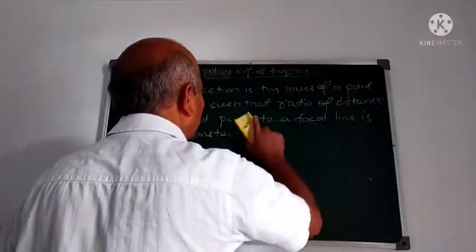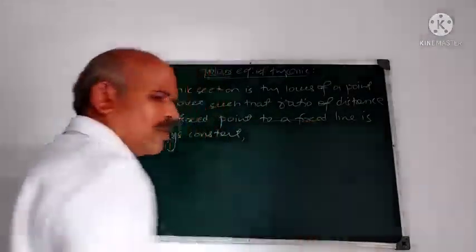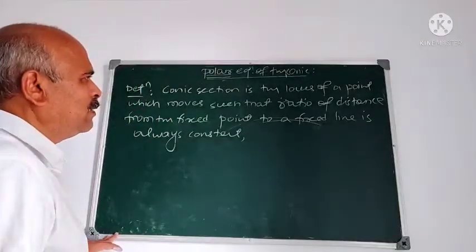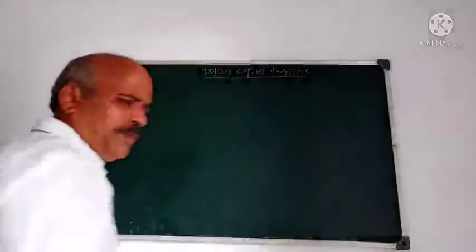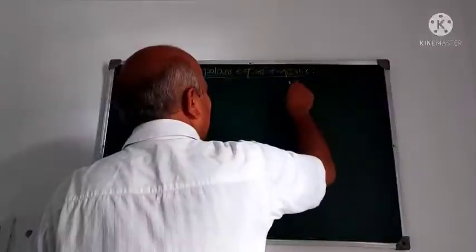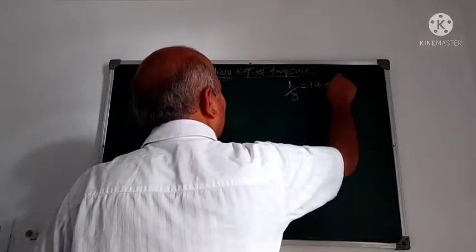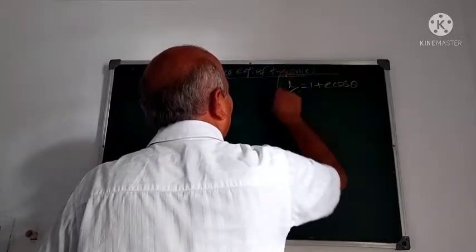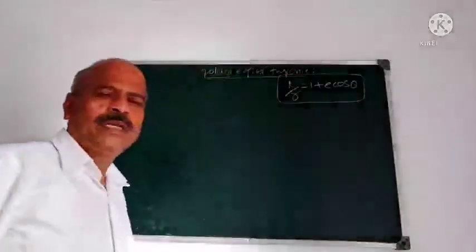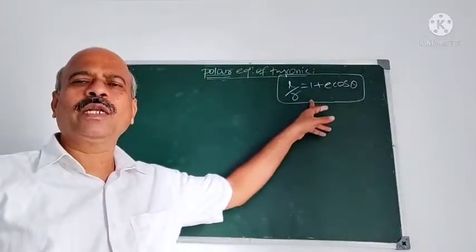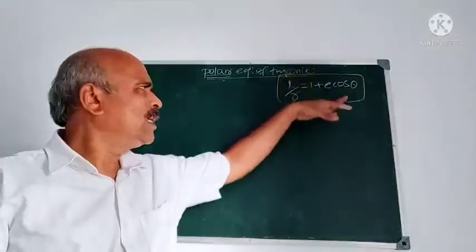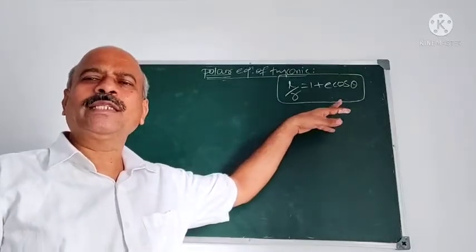Definition, I think all of you understood the definition. This is called a conic section. Now we derive the polar equation of a conic section in the form L by R is 1 plus E cos theta. Throughout the topic, this derivation, this formula plays a very important role. And what is the advantage of this over the Cartesian form?